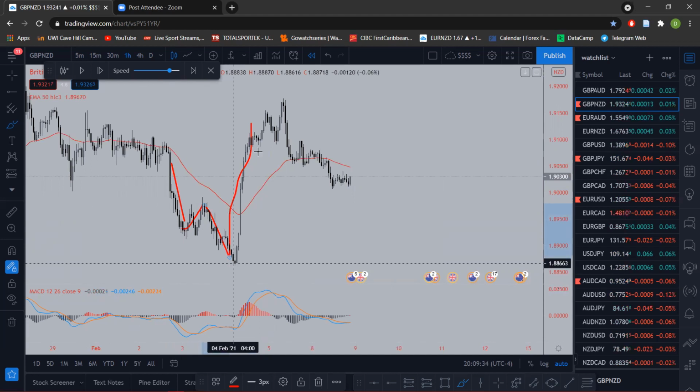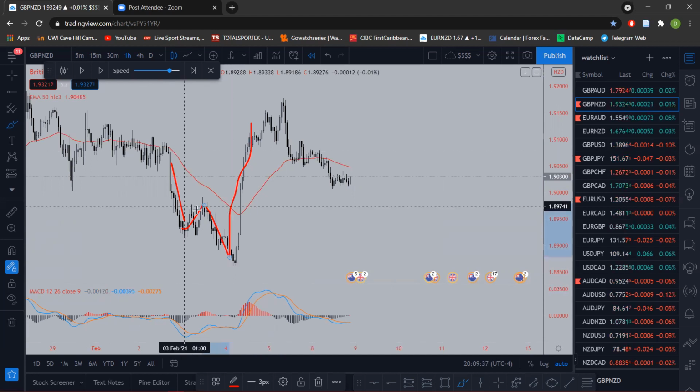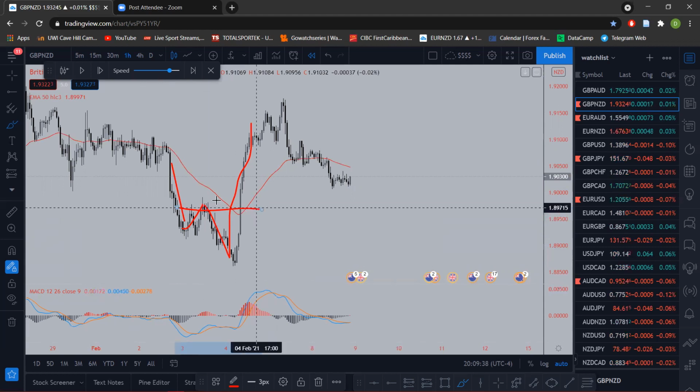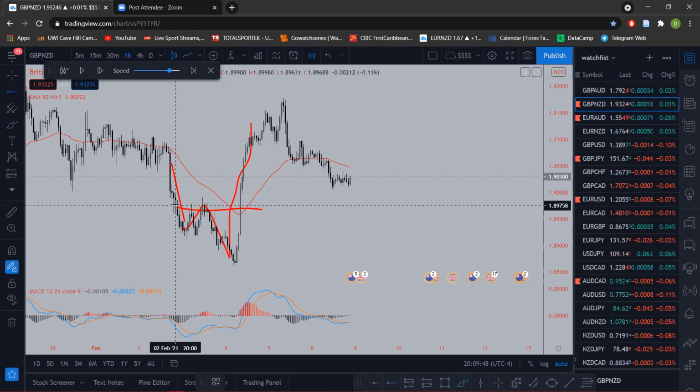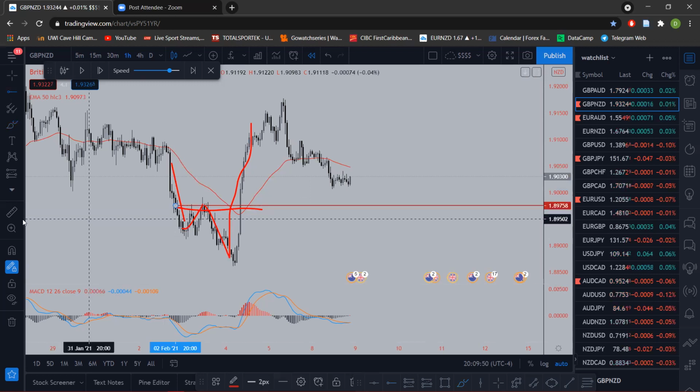But on this move up, it broke this high here, this lower high. So we can look for the market coming back and retesting this area, or what I look for is the next engulfing candle after this area is broken.